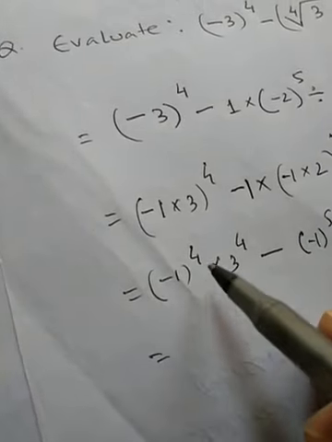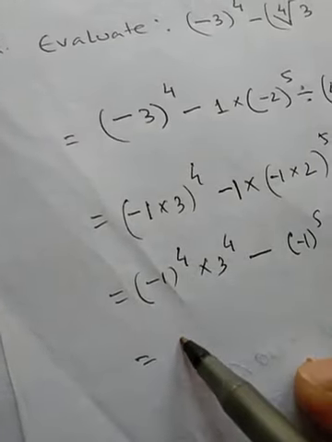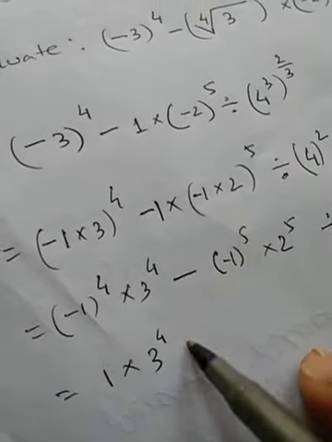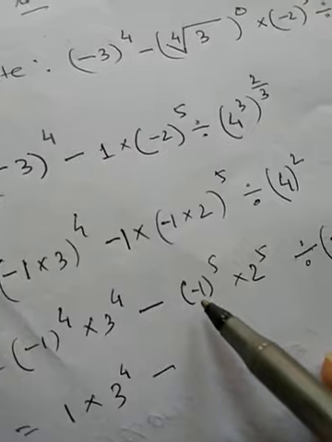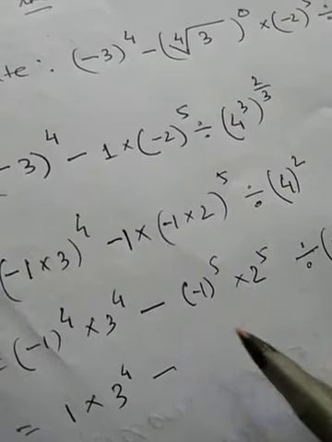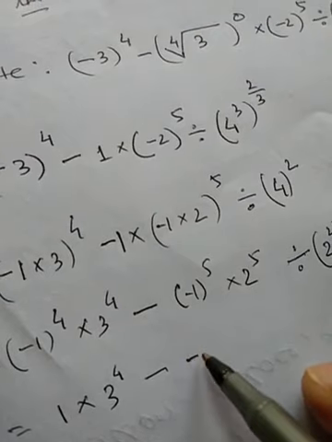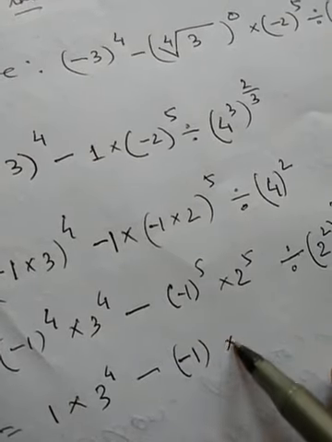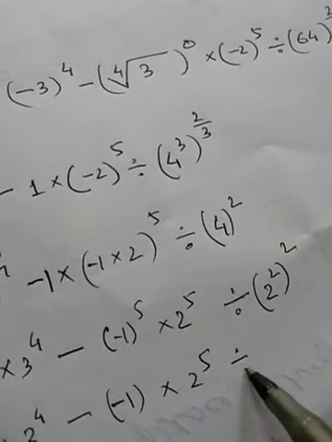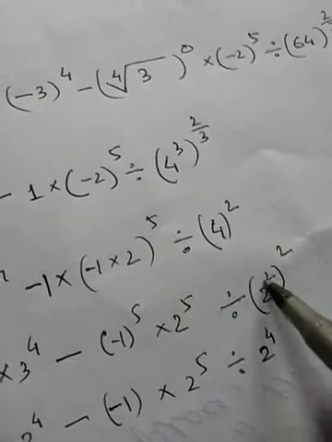Now minus 1 multiplied 4 times will become plus 1 into 3 to the power 4 minus, here also minus 1 multiplied 5 times, odd number of terms means minus is left out, minus 1 into 2 to the power 5, and this is divided by 2 to the power 2 into 2, that is 4.